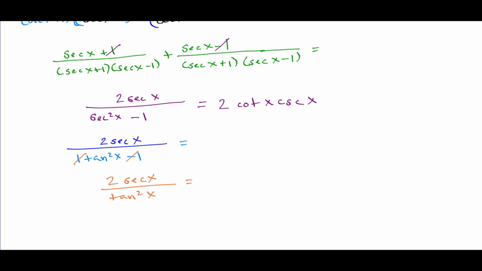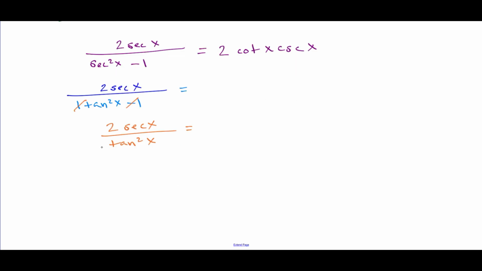I have a 2 on both sides now. I need a cotangent and a cosecant, and right now I have a secant over tangent squared. So now I'm just going to kind of separate these out. I have a 2, then I have a secant of x, and then I have a 1 over tan squared x. So I'm just separating those. And then 1 over tangent squared is actually cotangent squared, so 2 secant of x times cotangent squared of x.